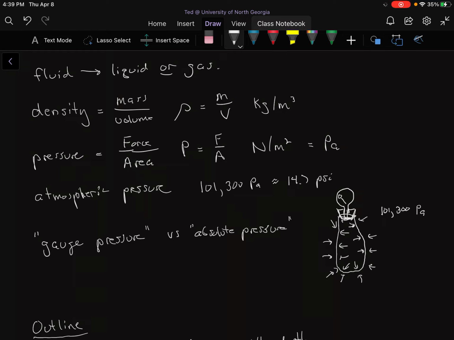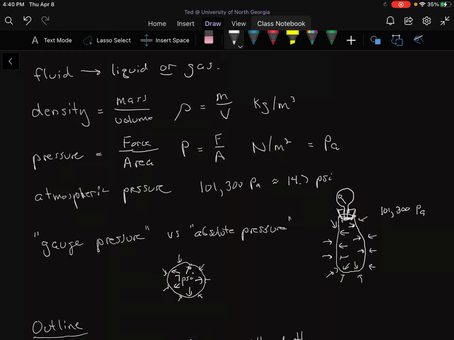So, for example, if we pump up a basketball and we pump it up to 7 psi, what that means is that the pressure inside is 7 psi higher than the pressure outside. So we've still got pressure outside, but the pressure inside is higher than the pressure outside.